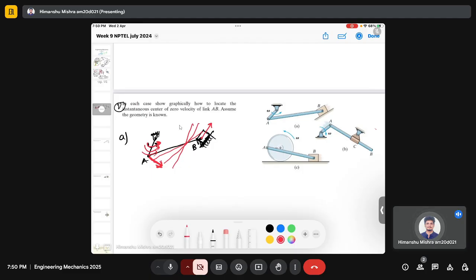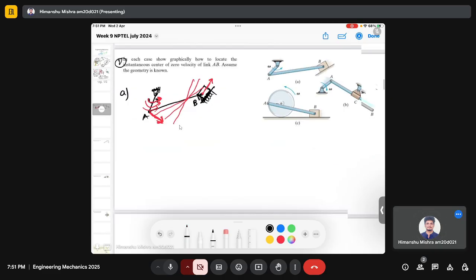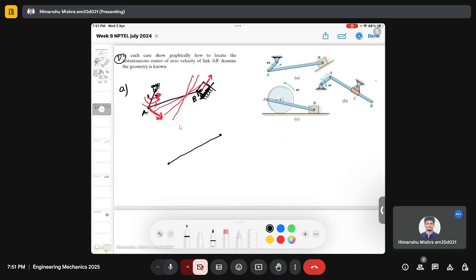So this point is moving lower right and this point is moving upper right. So if this is my AB, this is one of the directions of the VA vector, and this is one of the directions of the VB vector.